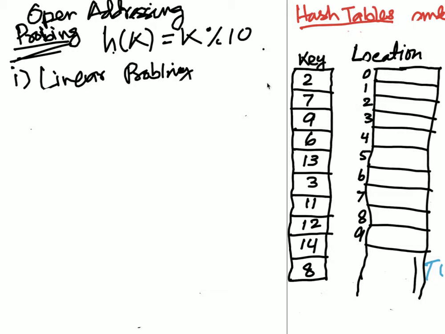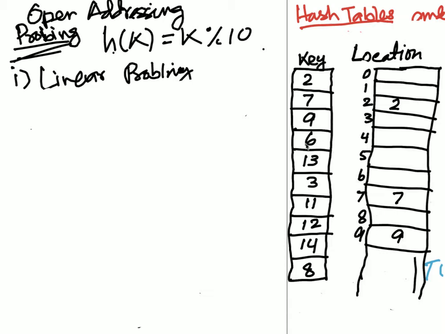Apparently each of these key values will be located in each of these locations, but that depends on the hash function we use. If our hash function is very simple, like h of k equal to k modulus 10, then 2 will go in position 2, 7 will go in position 7, and 9 will go in position 9.